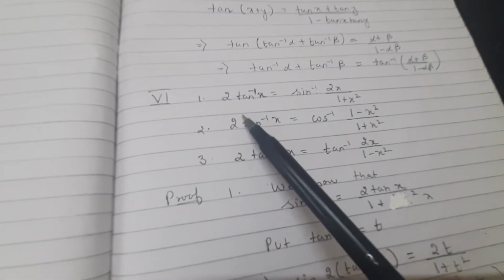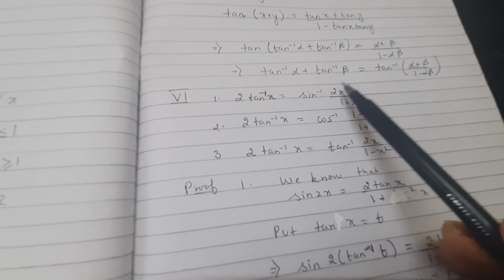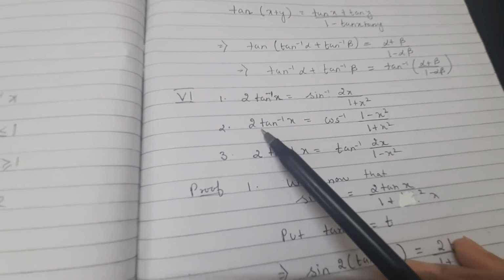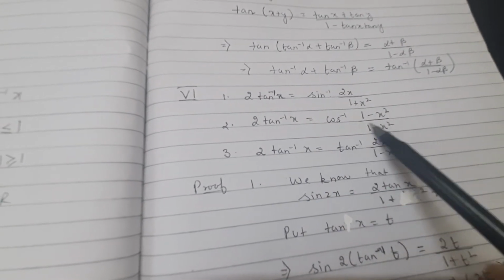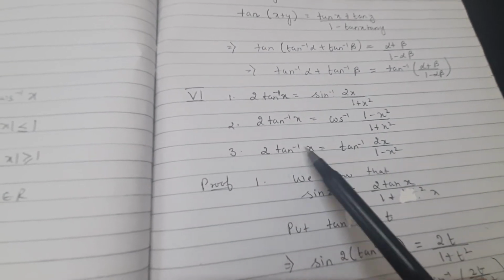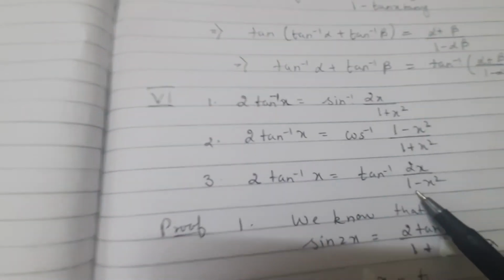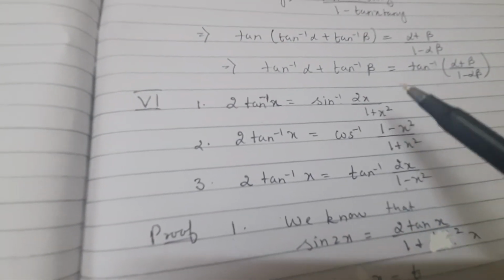Now I am going to see the other set of properties. 2 tan inverse x is sin inverse of 2x upon 1 plus x square. 2 tan inverse x is also equal to cos inverse of 1 minus x square upon 1 plus x square. 2 tan inverse x is also equal to tan inverse of 2x upon 1 minus x square. Do not be scared. You have done this before.